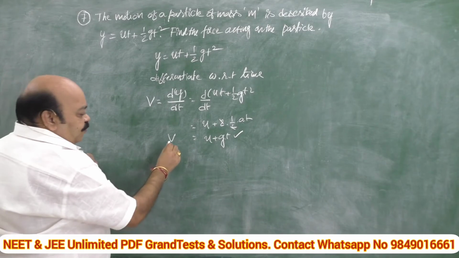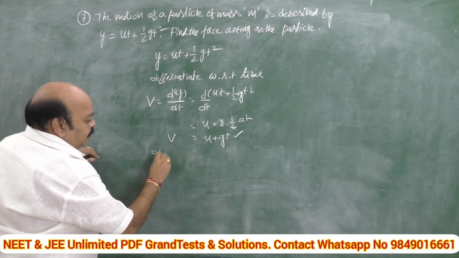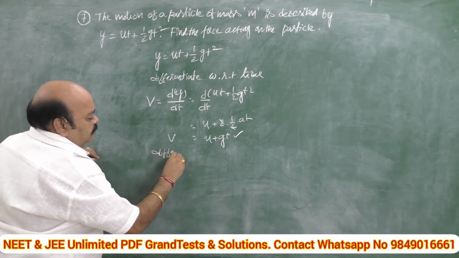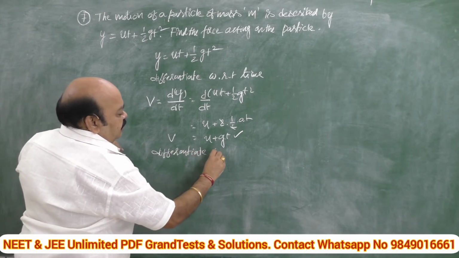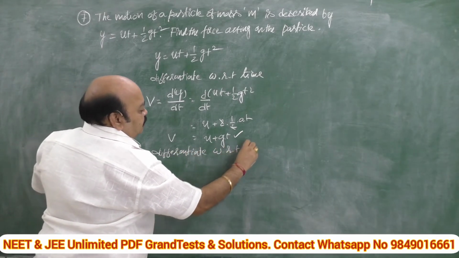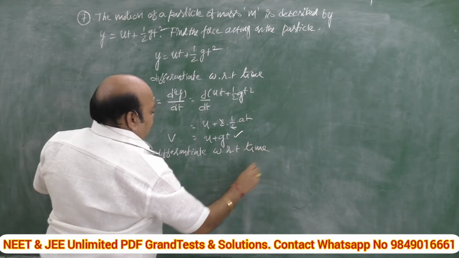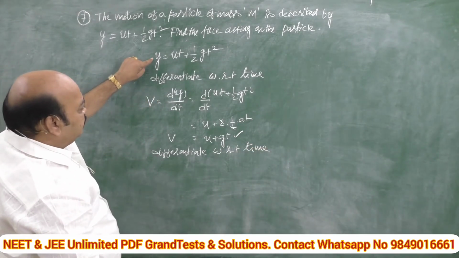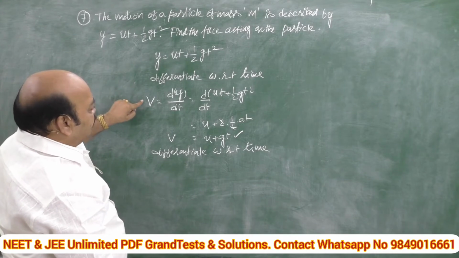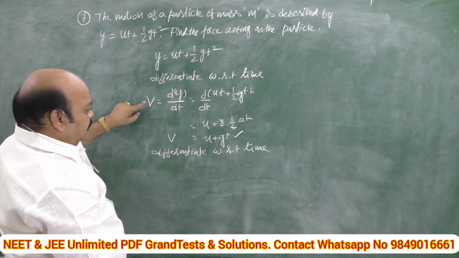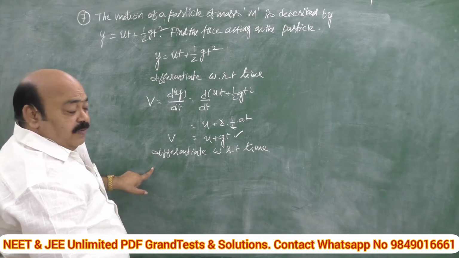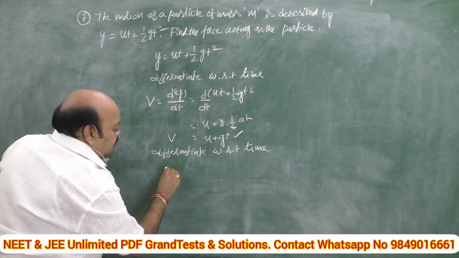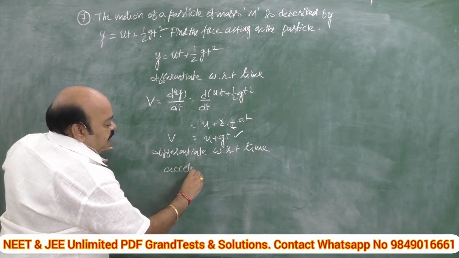Clear? If we differentiate the same again with respect to time: if we differentiate displacement, the rate of displacement is called velocity. If we differentiate velocity, the rate of velocity is called acceleration.